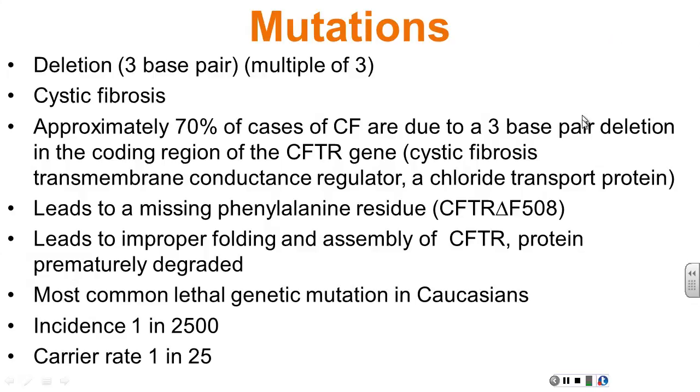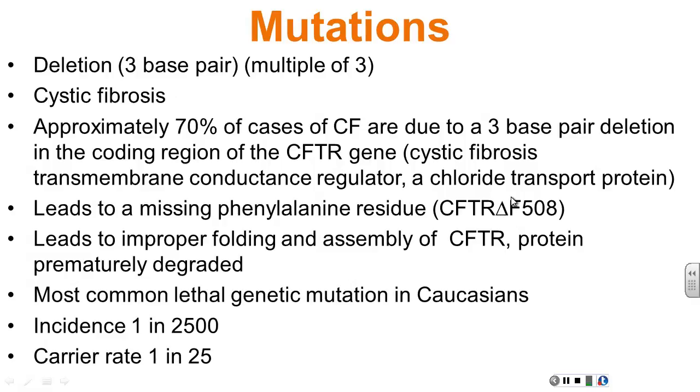Now we deleted 3 base pairs, so what's going to end up happening? Ultimately, you're going to be missing an amino acid from that protein. Downstream of that, still in frame, so all the rest of the amino acids are there. In this case, we're missing a phenylalanine. Because this is a very famous mutation, you may run across this nomenclature, CFTR delta.